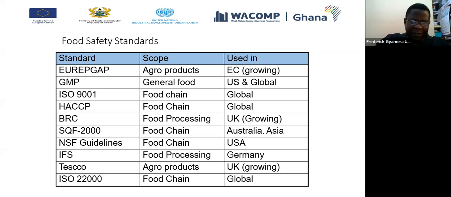Good manufacturing practice. That is why it is a code. It is not an auditable standard, but it's a code of good practice. So that should form your foundation, and you can add on other food safety standards, depending on where you find yourself in the food chain.